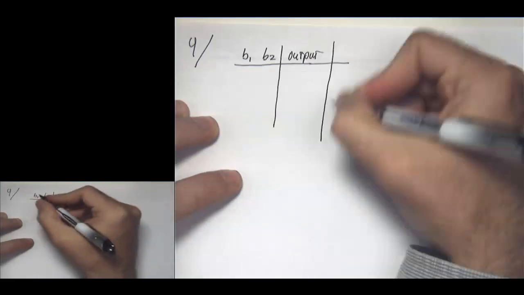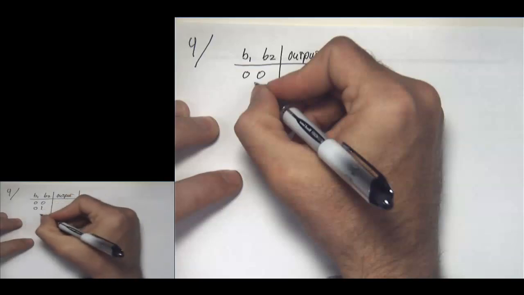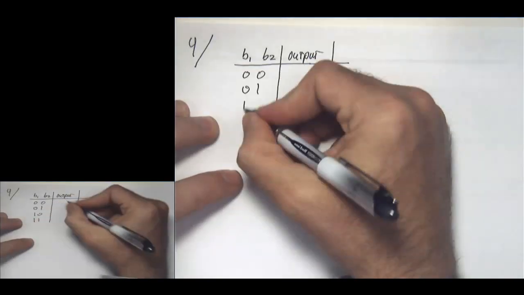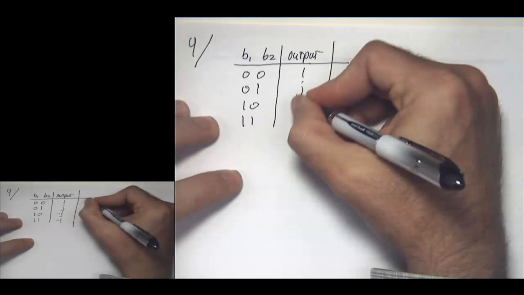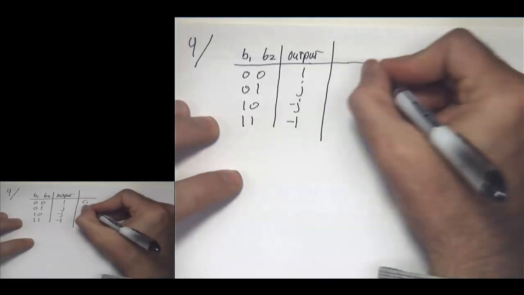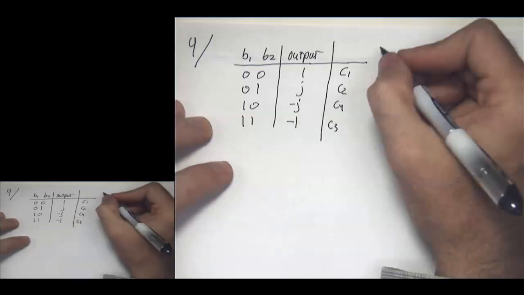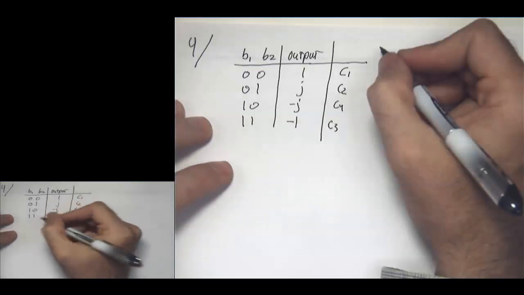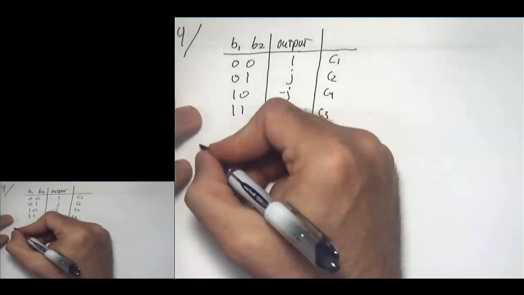Supposing this is 0 0, 0 1, 1 0, 1 1, and 1, J, minus 1, and this corresponds to C1, C2, C4, C3. And then just as an example, I said I wouldn't have any examples, but I'm sorry about this.